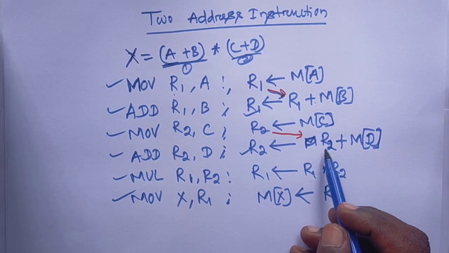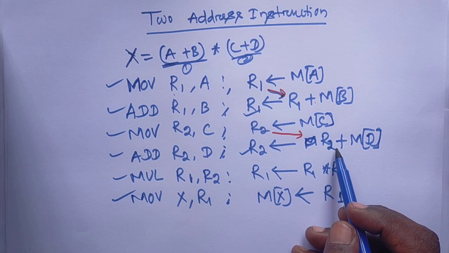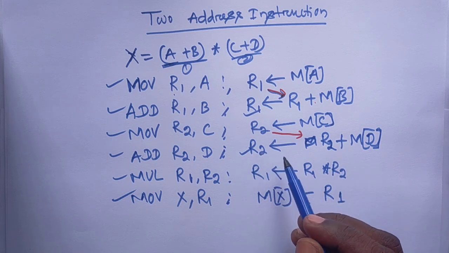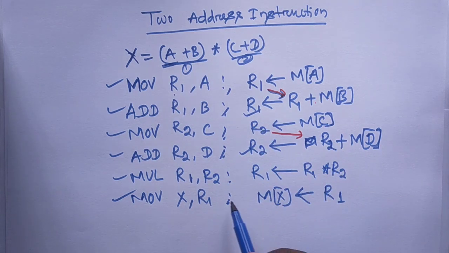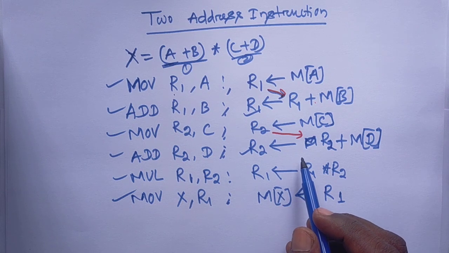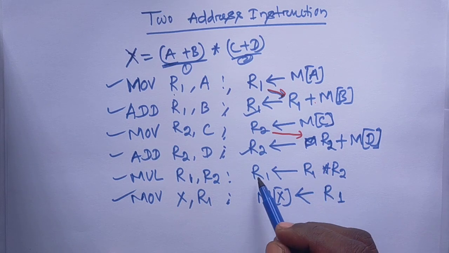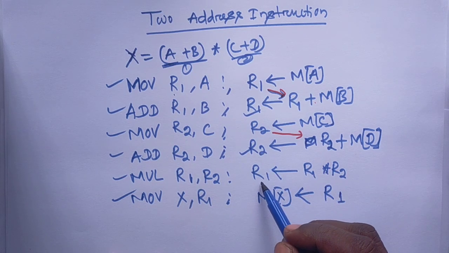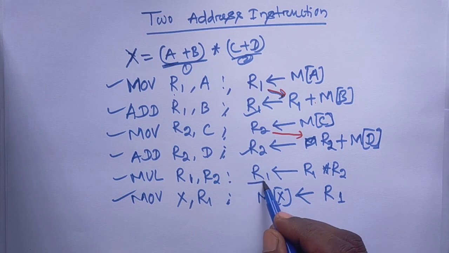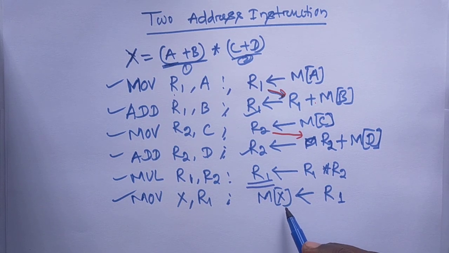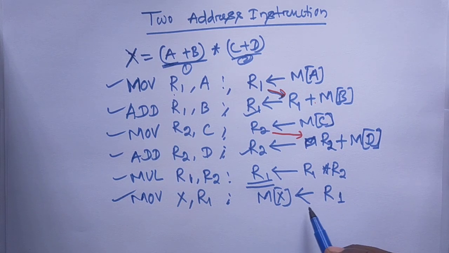In this way both are added and stored in R2. Once R1 and R2 hold the additions, we multiply R1 and R2 and store in R1. Once we get the final data in R1, we transfer it to memory X.